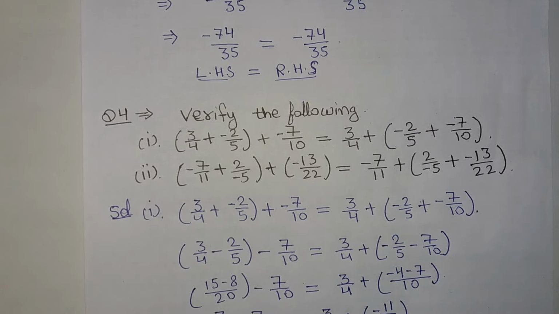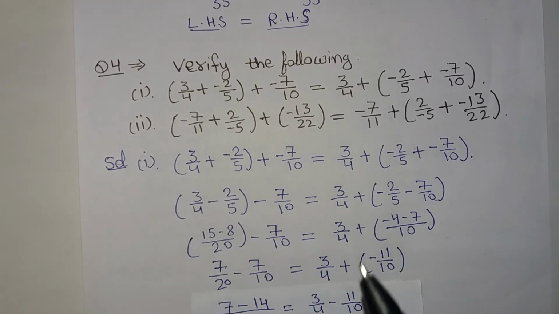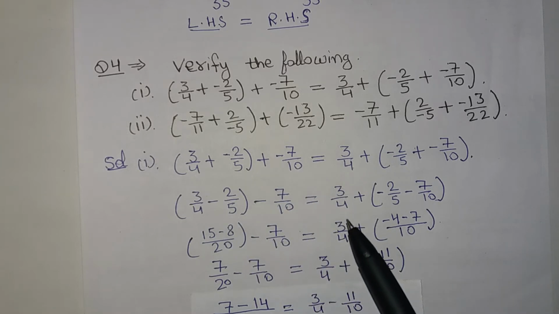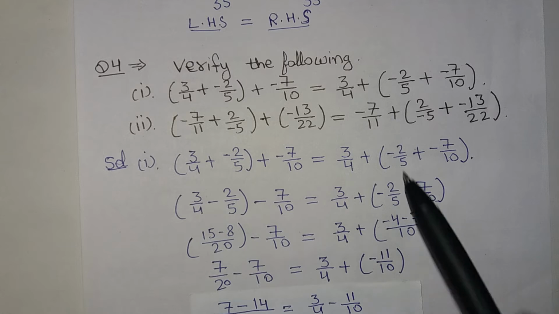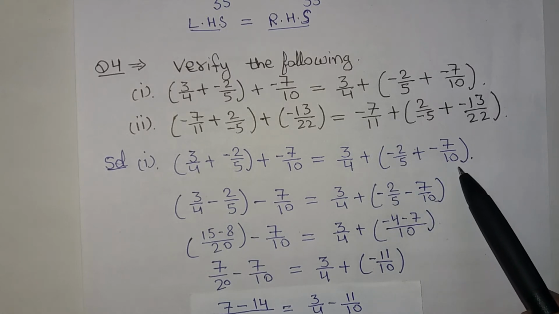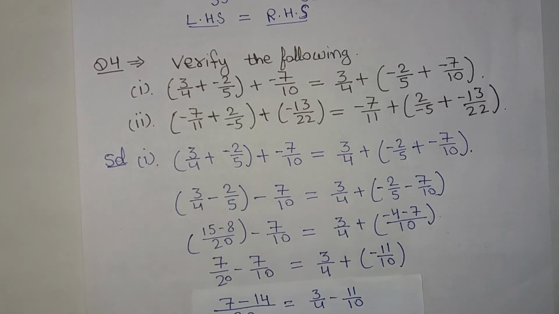Here we have to verify the following. By taking the first part, that is minus 3 upon 4 plus minus 2 upon 5 plus minus 7 upon 10 equals 3 upon 4 plus minus 2 upon 5 plus minus 7 upon 10. So here plus minus will be minus.